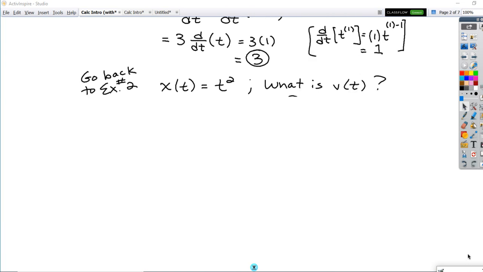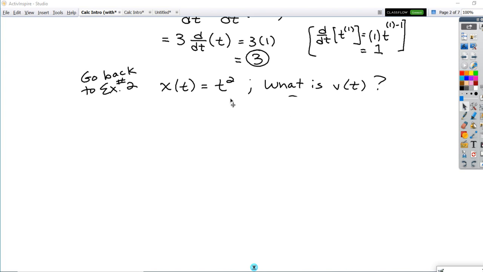Alright, go back to example number 2. What is the derivative of t squared? Or what is the velocity function that goes with the position function t squared? We already know the answer. The answer is 2t.